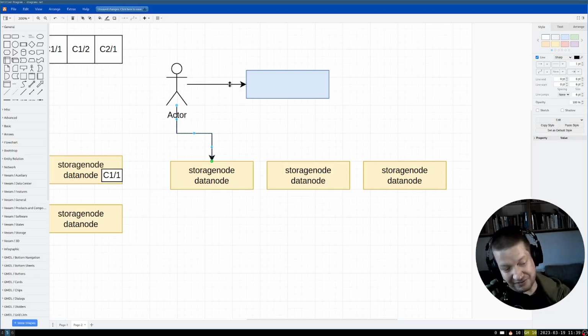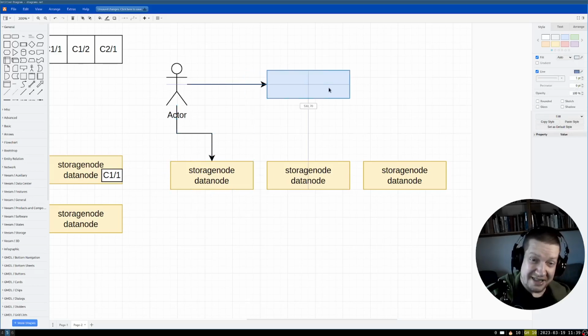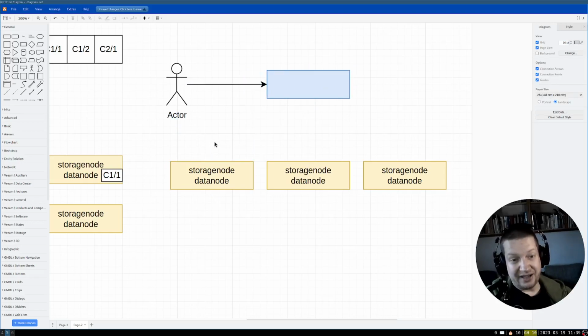HDFS and Ozone prefer Kerberos, but even the format of the authentication, for storage, it's some kind of signature and certificate based, and Ozone uses a very similar approach. But the big difference is that Ozone and HDFS think that all of the storage nodes are good guys.